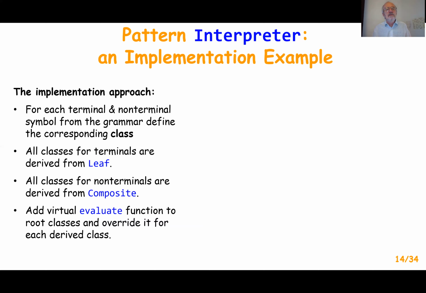Terminal classes are derived from leaf. Keep in mind the composite pattern we have considered before. And we add a virtual evaluate function to the root class and override it for each derived class. I have made a small grammatical bug in the last bullet.